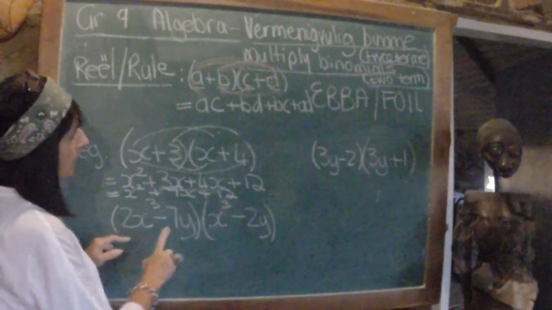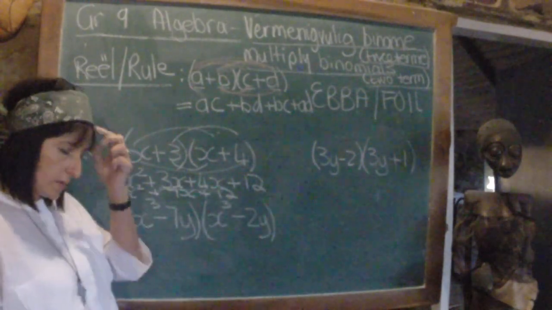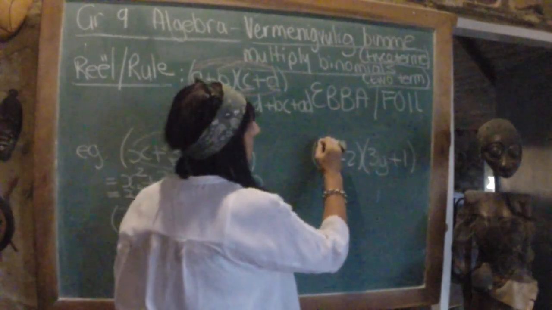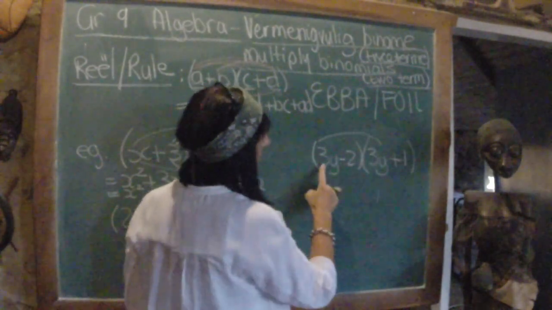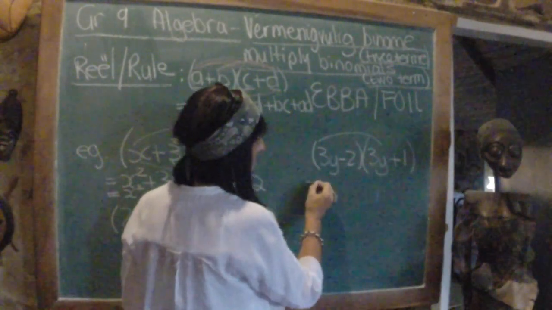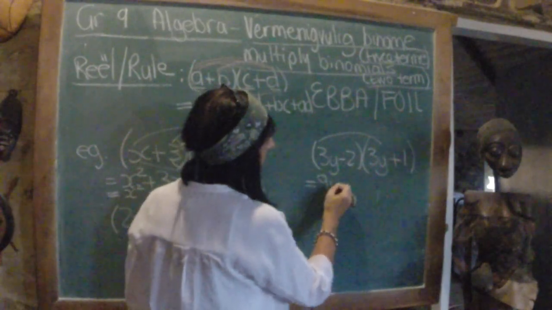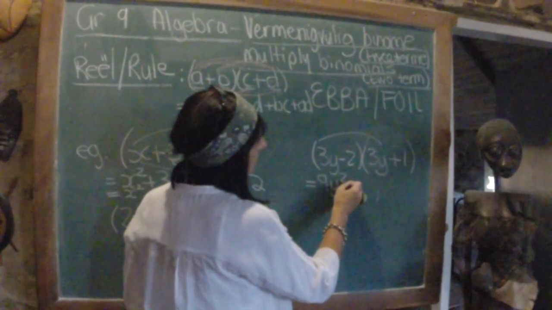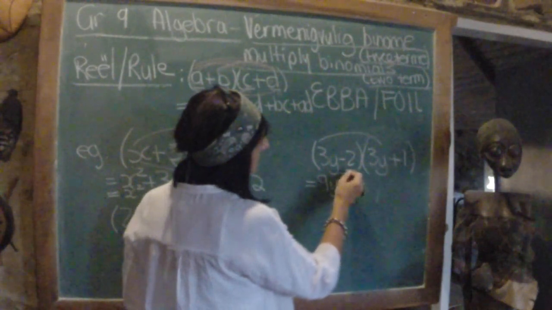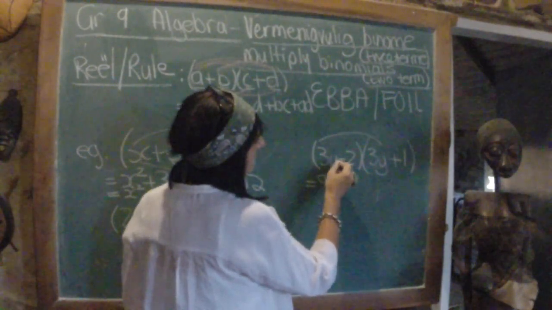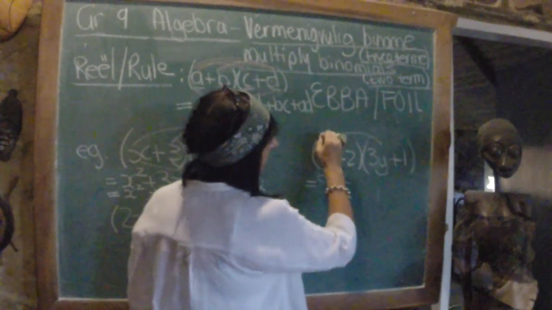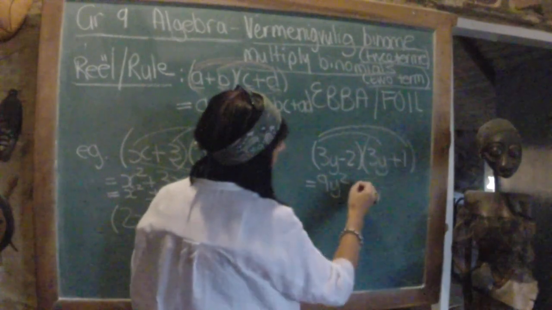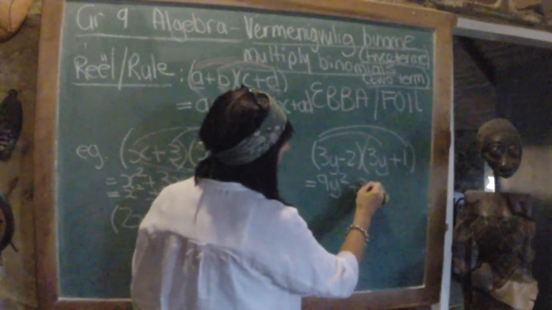Okay, let's do this one. In Afrikaans, eerstes maal die eerstes met mekaar. 3y maal 3y gee 9y kwadraat. Dan het ons die buitenstes. Die buitenstes is daai een en daai een. 3y maal plus 1 is plus 3y.